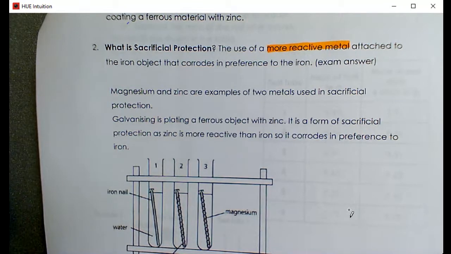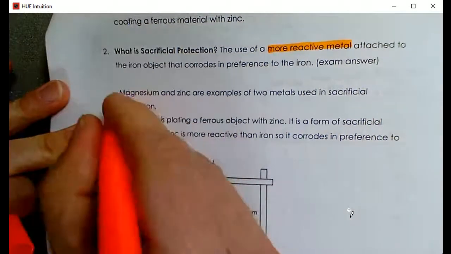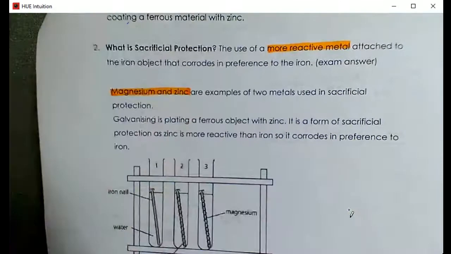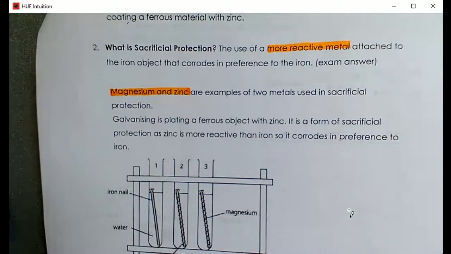And just the presence of that more reactive metal means that it will react or oxidize in preference to the iron. Now, the 2 metals that are mostly used for sacrificial protection are magnesium and zinc, higher in the reactivity series. And they are used because they're more reactive than iron and will react in preference to it.